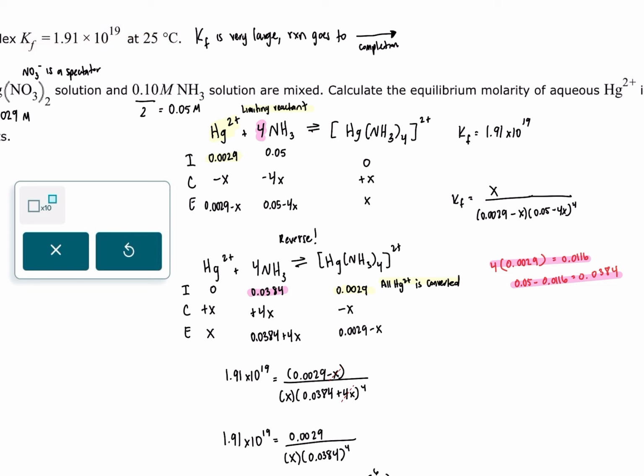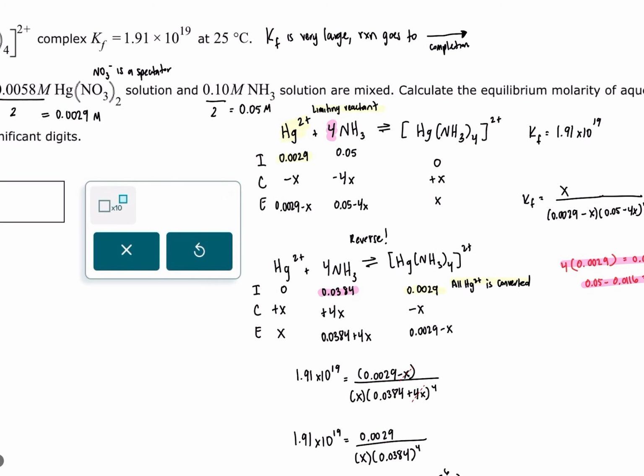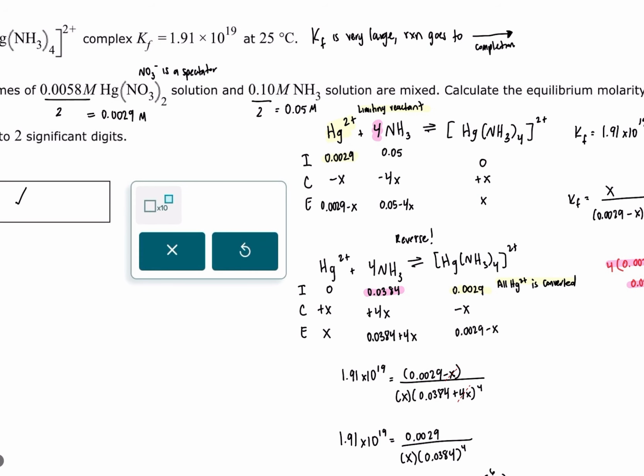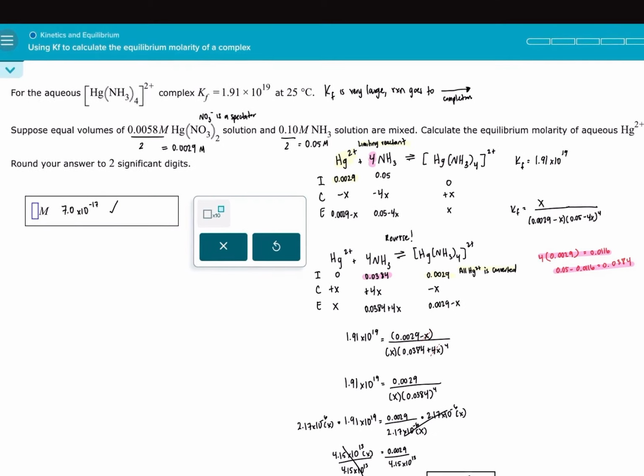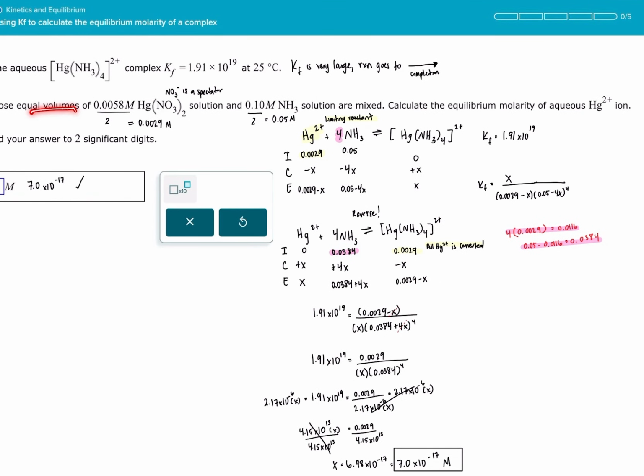But I went ahead and made an ice table here, and trick number 1, for my initial concentration of Hg2+, it gives me this number here. But what we have to take note of is that we have equal volumes of both of these, and once we mix them, this molarity is going to be less than what this number is.